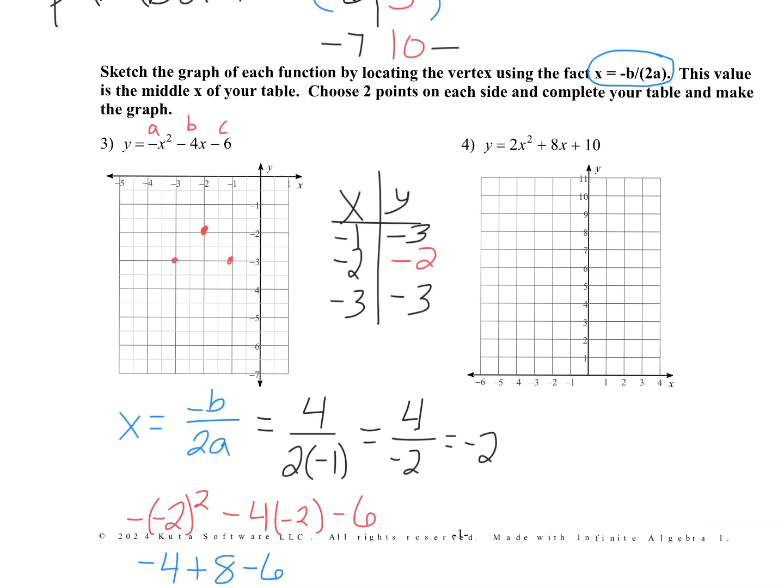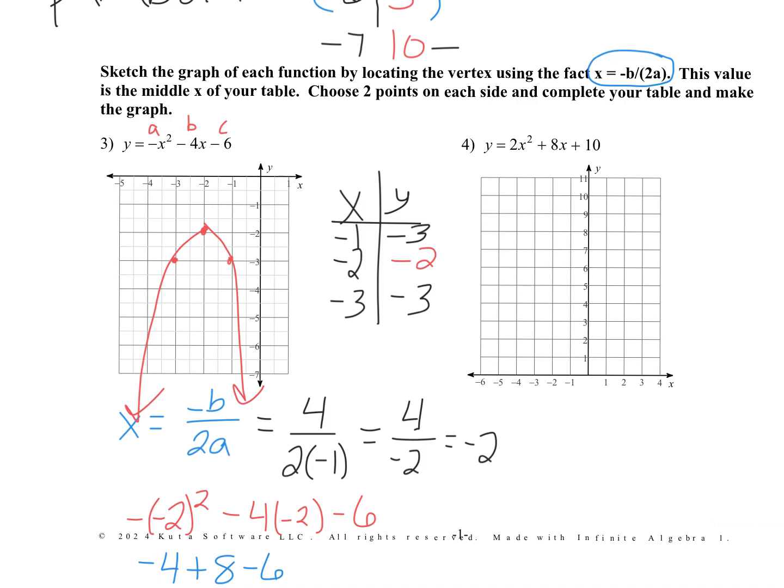They're going to start mirroring each other, right? So, should those match? Yeah, so do you have to plug both of them in? If I find -1, do I have to plug in -3? No, because you know that they should match and mirror each other. Okay, so once you have those 3 points, you can draw your graph.